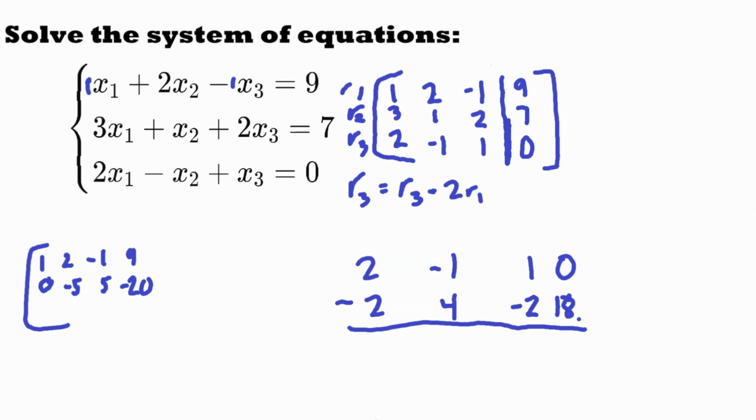So then we subtract all this. So 2 minus 2 is 0. Negative 1 minus 4 is negative 5. 1 minus negative 2 is 1 plus 2 is 3. And 0 minus 18 is negative 18. So this is our new third row for now: 0, negative 5, 3, negative 18.